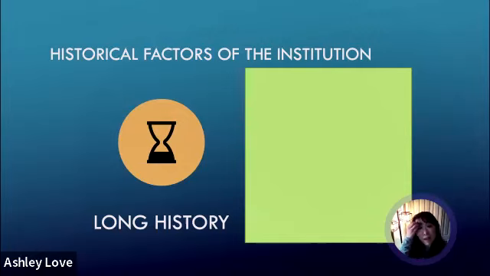An institution that started out really small, like ours, which was a college, and built into a university, may have organizations that look like colleges but also like a university, a hybrid format. So it's very important to look at the history and the growth.